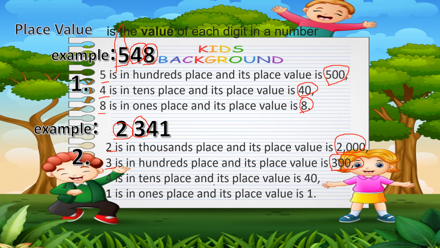Got it? 4 is in the tens place, and its place value is 40. 1 is in the ones place, and its place value is 1. Okay? That's how place value works.